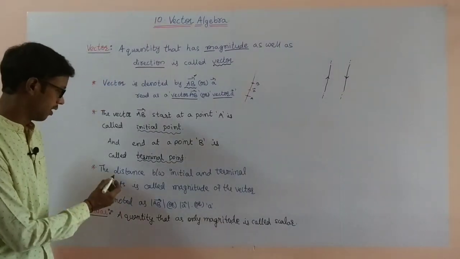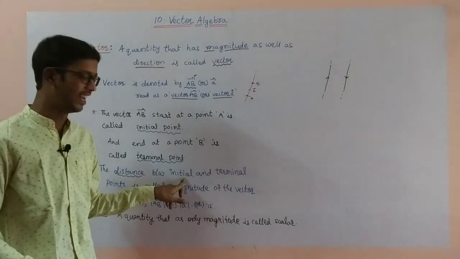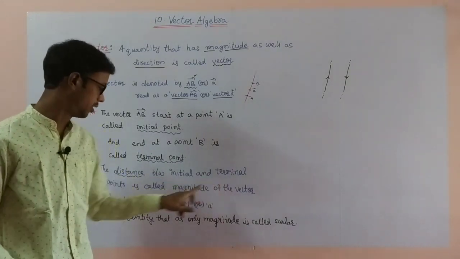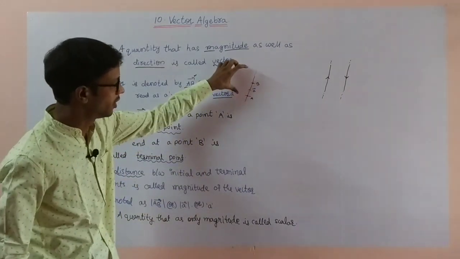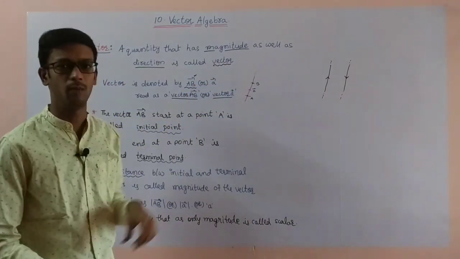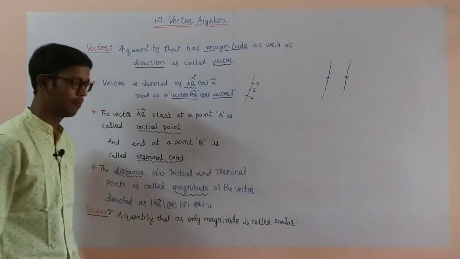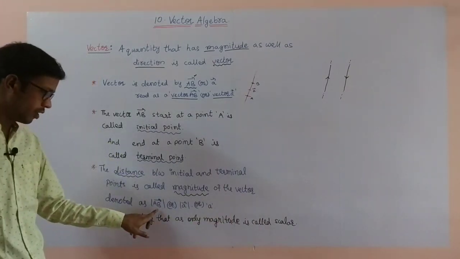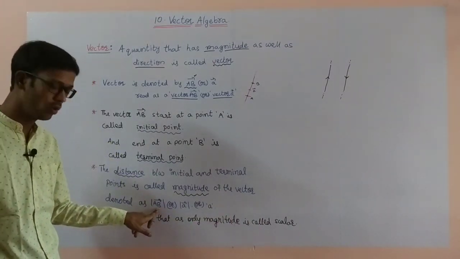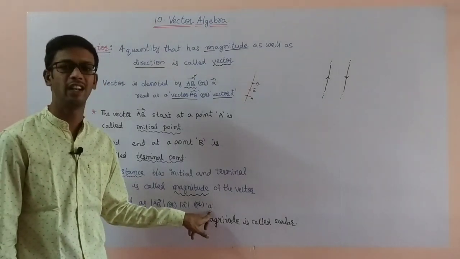Next, the distance between the initial and terminal points is called the magnitude of a vector. Magnitude is denoted by magnitude of AB bar, magnitude of a bar, or simply we can write a.